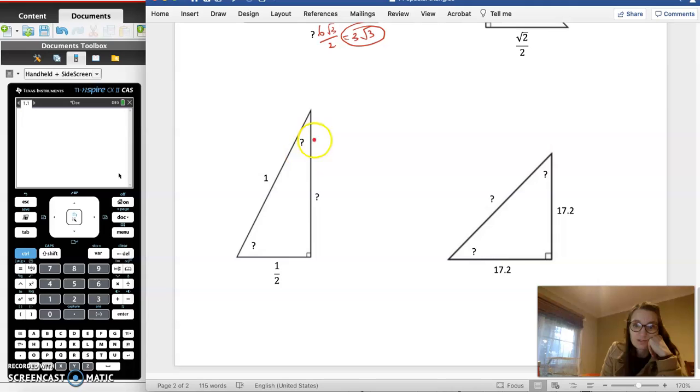So you should be able to recognize that this is our 30-60 triangle, or our pi on 3, pi on 6, root 3 on 2. And these two sides are the same, so it's an isosceles triangle, which means these two angles must be the same, so they must be pi on 4.